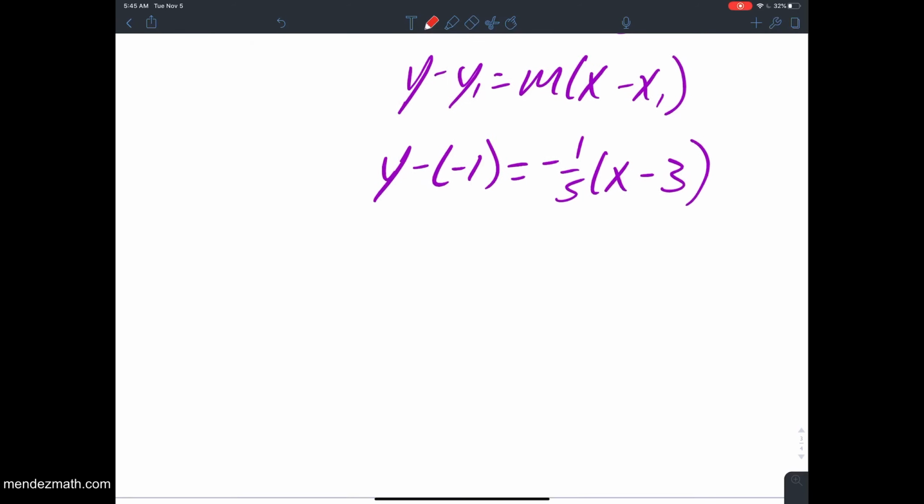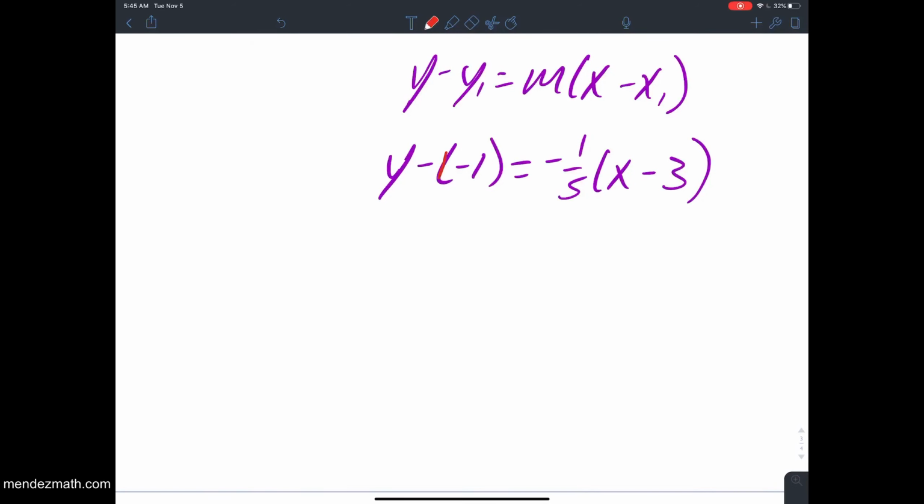Negative and a negative is a positive. So y plus 1. I'm going to distribute this here and here. Negative 1 over 5x. Half of 3 is 1.5. In a fraction, that's 3 over 2. But we can switch to decimals. No big deal.